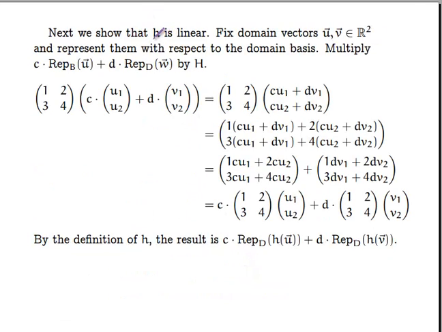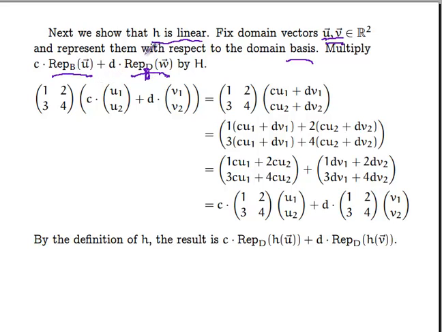And let's show now that H is linear. Take any two vectors in the domain and represent them with respect to the domain basis. The representation of U is rep B of U, and the representation of V is rep B of V, sorry.